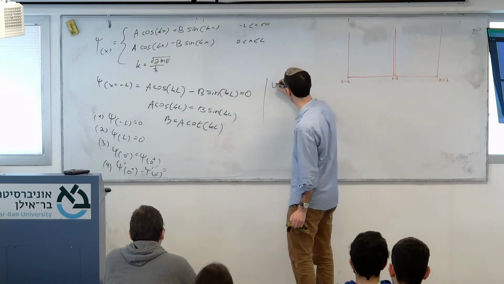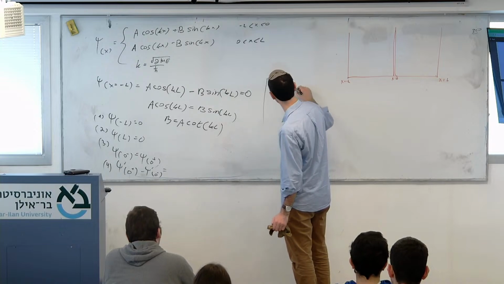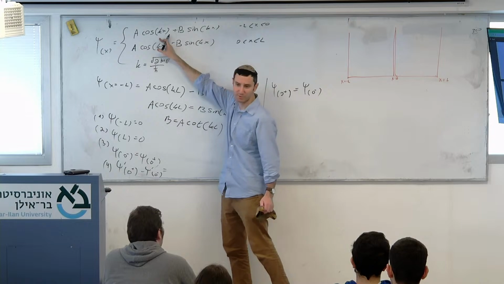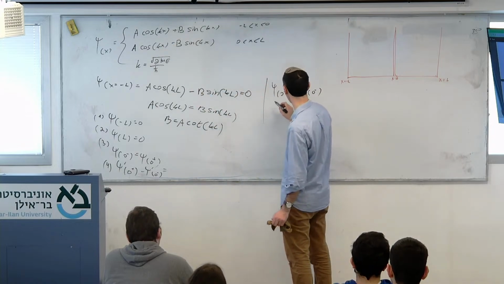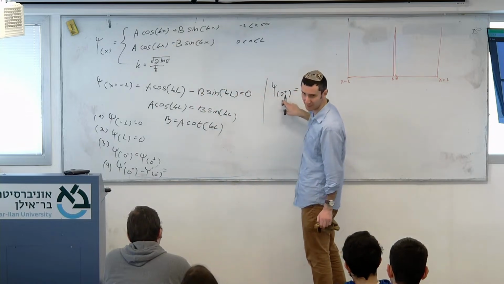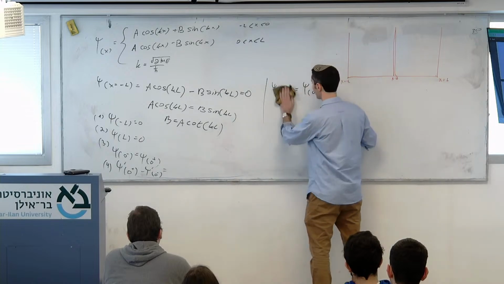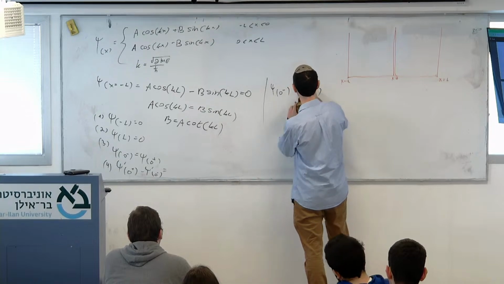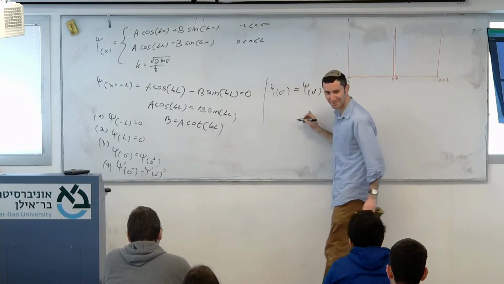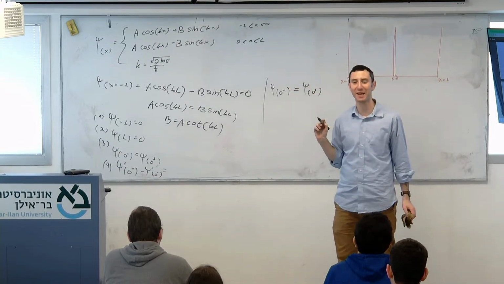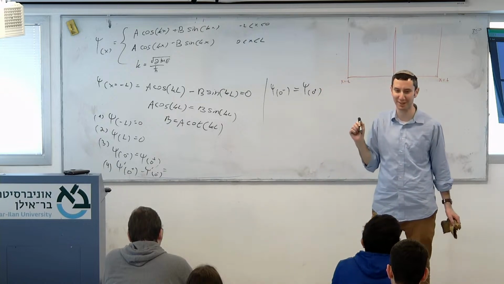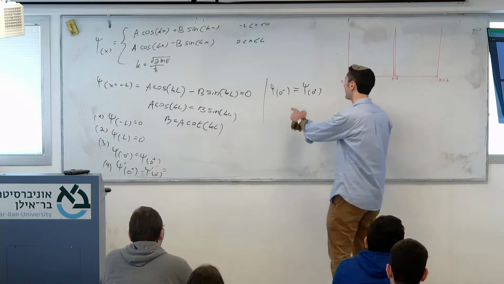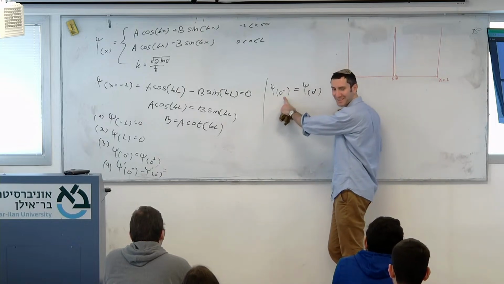What happens? Psi of 0 plus is equal to psi of 0 minus. On the left-hand side I have a cosine. Psi of 0 minus is equal to psi of 0 plus. Doing right and left of the equation and right and left side of the potential is confusing, so I'm trying to be consistent here. The left-hand side is psi minus.